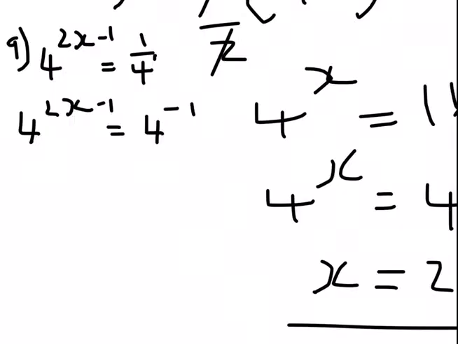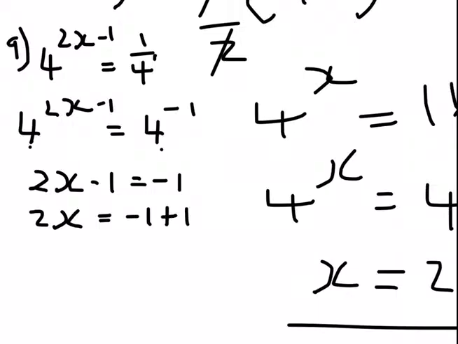So that is why now I will end up having the same bases. Then all that I have to do is to equate their exponents. Then I end up having 2x, which should be equal, you take that 1 to the other side. What does it become? It will be negative 1, that you plus with 1. Then you have 2x, which should be equal to 0. Then you need to divide both sides.